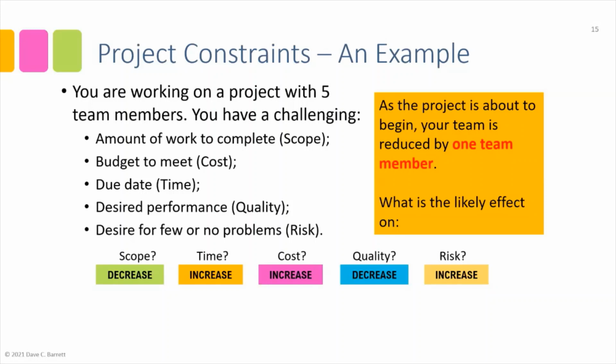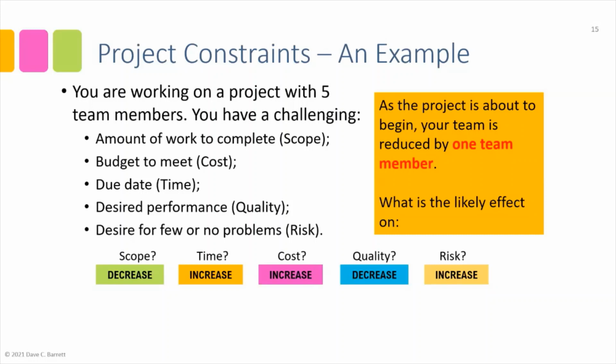Now, I want to emphasize one more time, this is not an absolute for sure. Often there are breakthroughs and innovations, and sometimes when you are in a pinch, team members will think of really innovative ways of doing things, and the constraints do not come true like this.